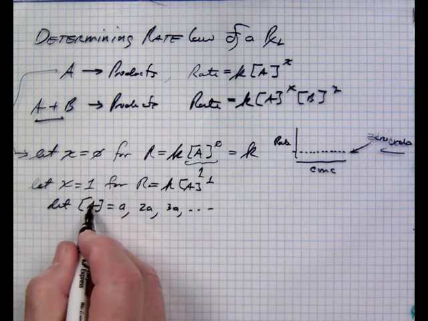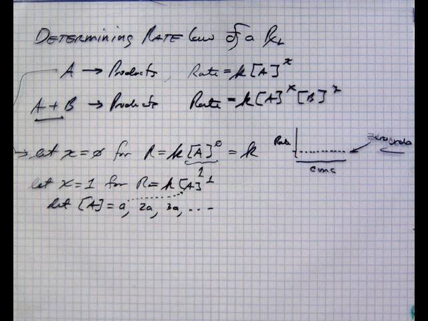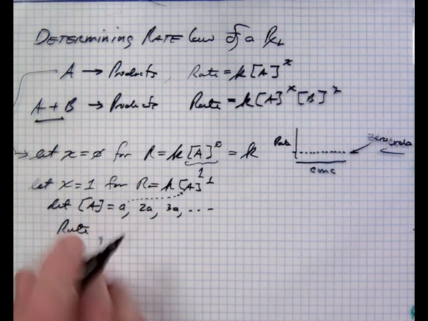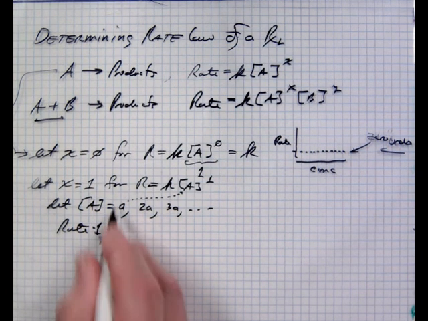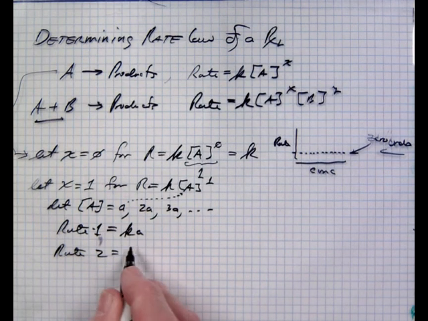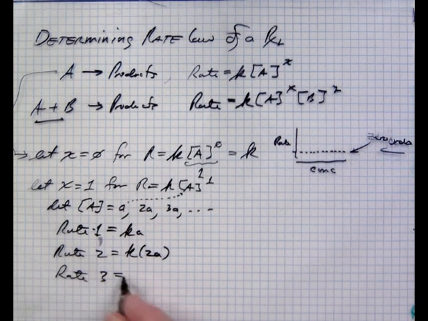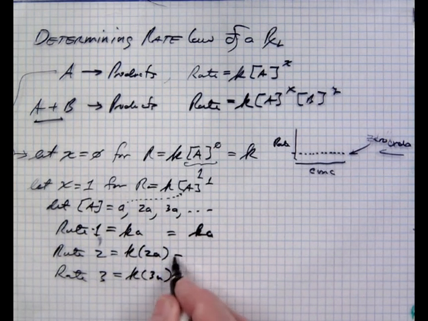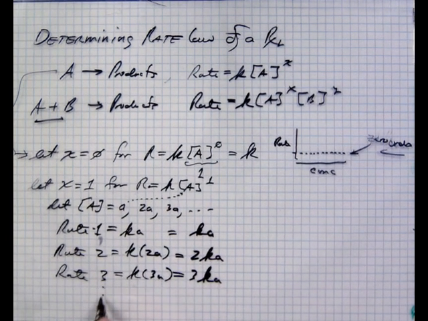By substituting this concentration, it's a number, into that equation, rate 1 will be K times A, rate 2 will be K times 2A, rate 3 will be K times 3A, which translates, of course, to KA, 2KA, 3KA, and so forth.